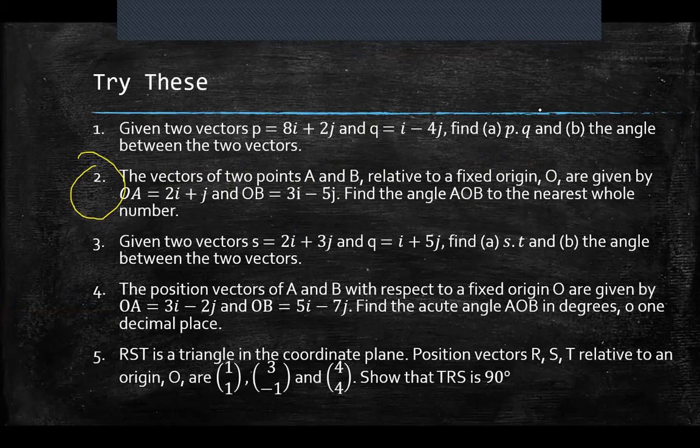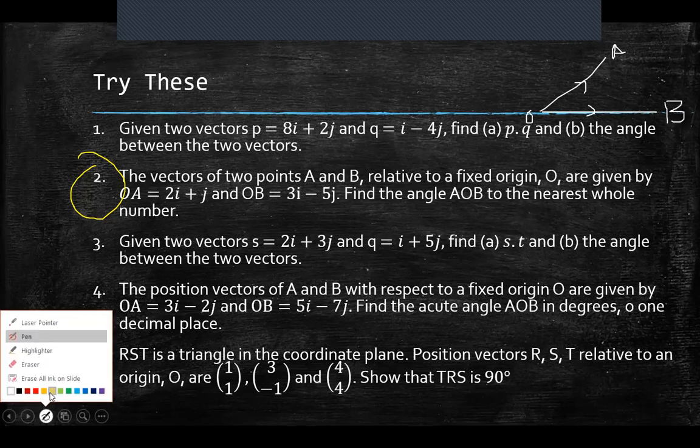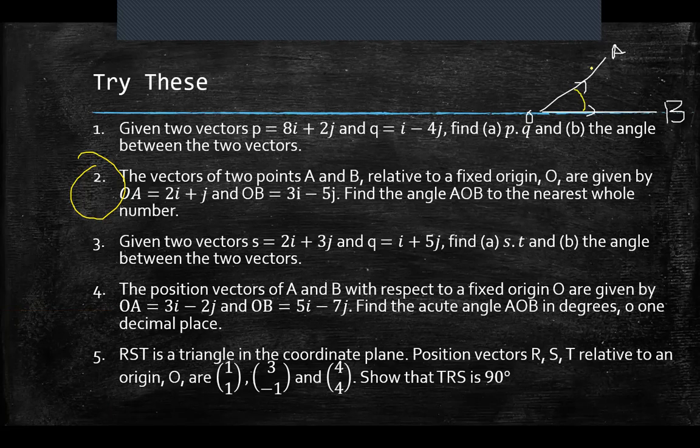So let's say this is my vector. Going from O to A, that's my vector OA, and then this is my vector OB. What they want you to find is this right here, the angle AOB. So it's basically this yellow angle right here.